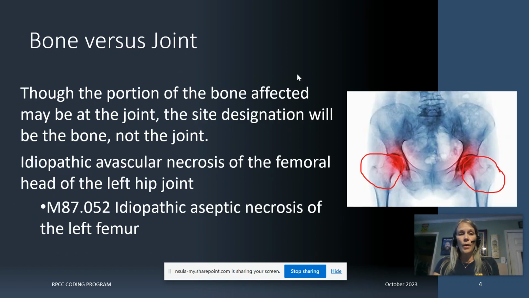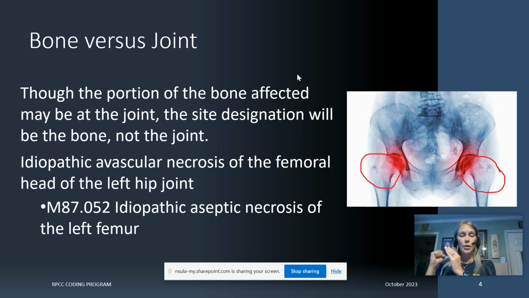All right. Bone versus joint. So, although a diagnosis might say of the joint, the site designation will be the bone. So in this particular situation, your idiopathic avascular necrosis of the femoral head of the left hip joint, your M87.052 is idiopathic aseptic necrosis of the left femur, because your left femur is the bone that's creating that joint.